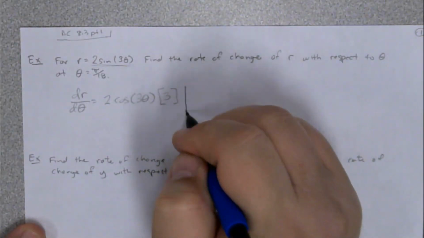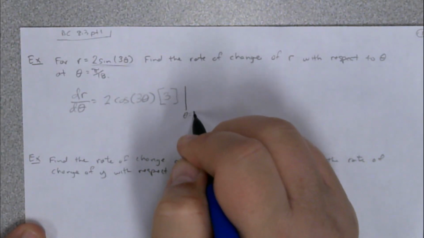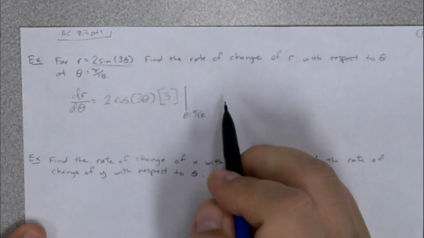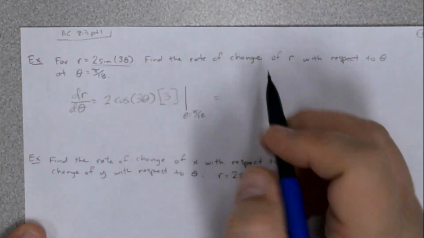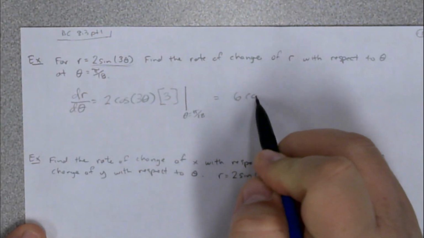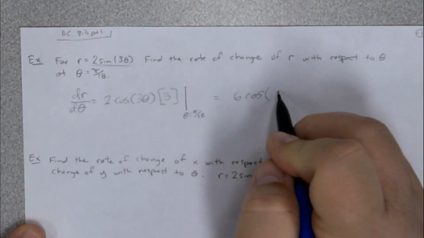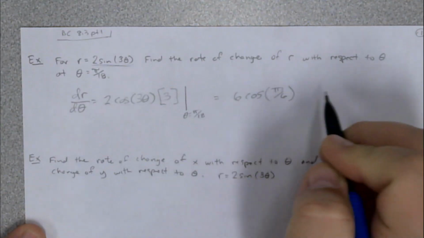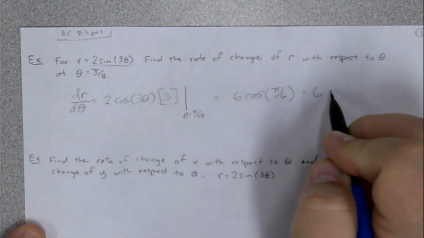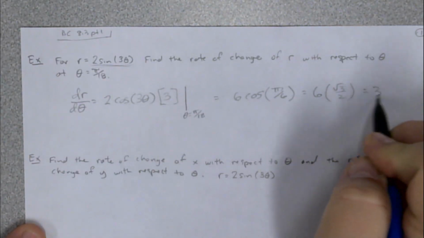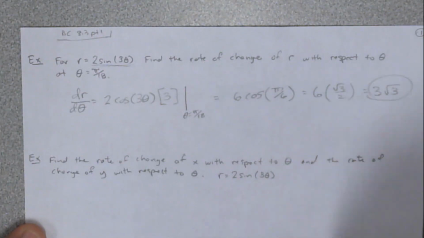And I want to evaluate that when theta equals pi over 18. So, plugging this in, I get 6 times the cosine of 3 times pi over 18, which is pi over 6. The cosine of pi over 6 is the square root of 3 over 2, which gives me 3 times the square root of 3, and there you go.